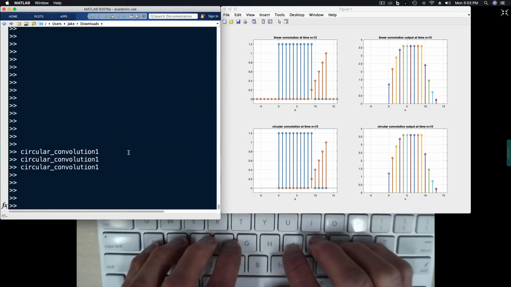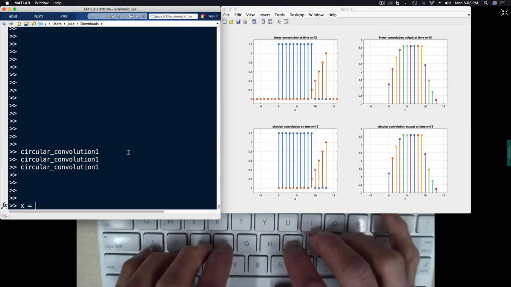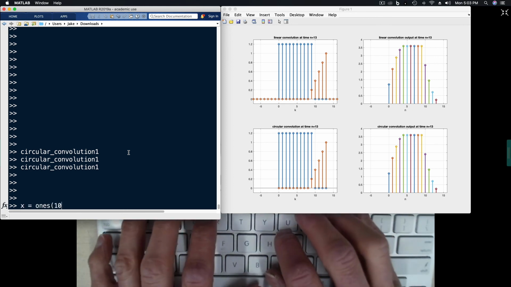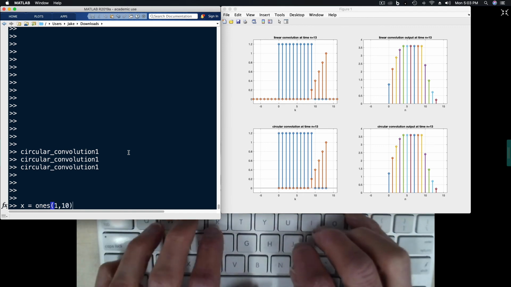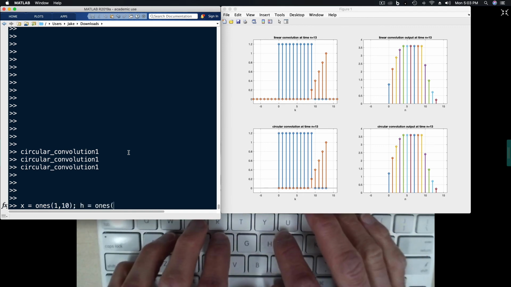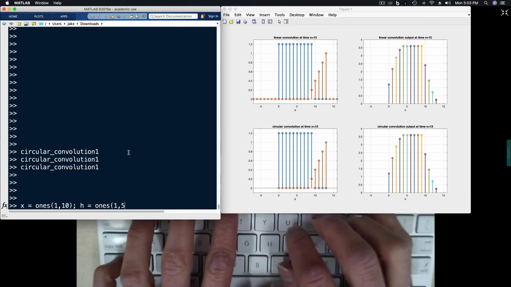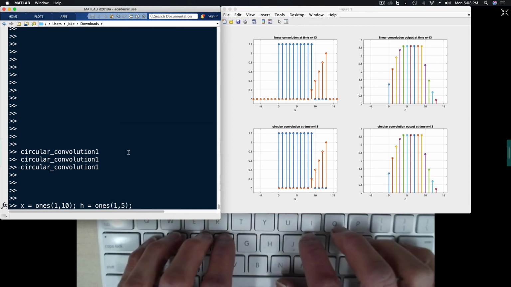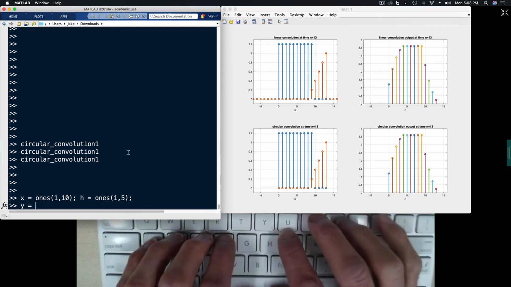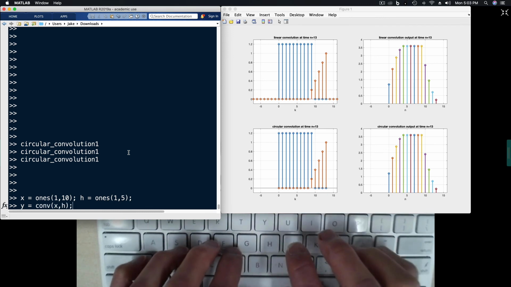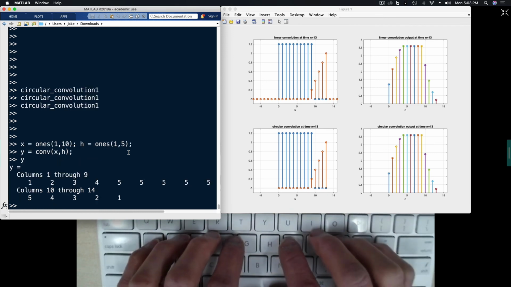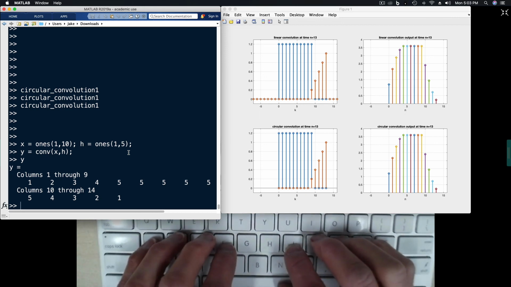Let's do a quick example in Matlab. Let's suppose x is equal to ones of 1 by 10, and h is equal to ones of 1 by 5. The convolution of x and h is this sequence that you see here.